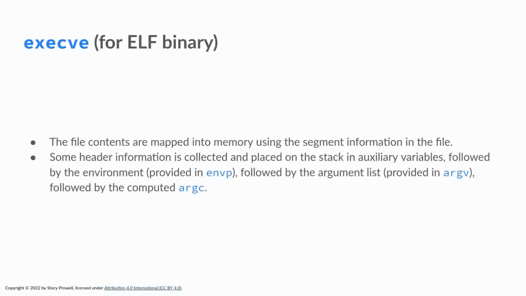They don't just go into the address specified in the file, they go somewhere else. That somewhere else can be randomized if address space layout randomization is enabled, which by default it is, and if the file is position independent, which it may be. Some header information from the ELF file gets collected and placed on the stack in the auxiliary variables.